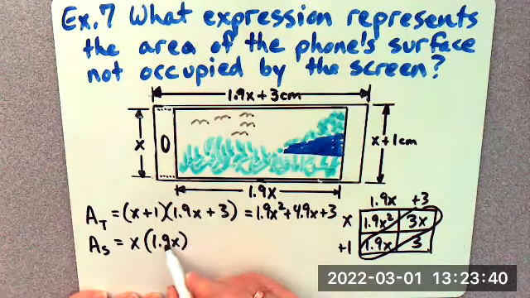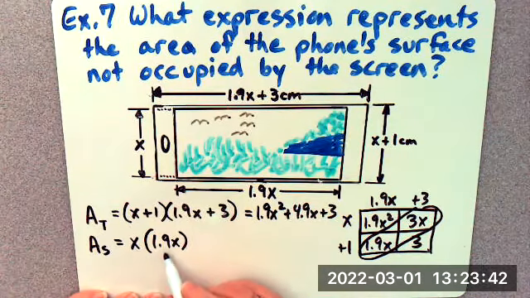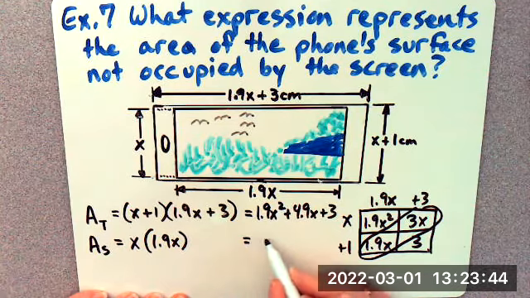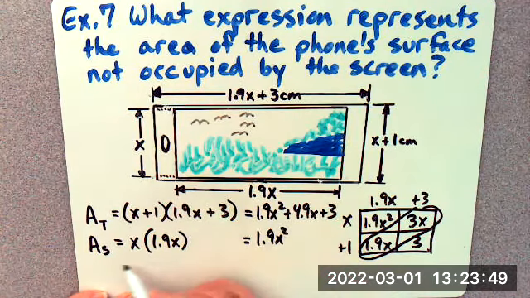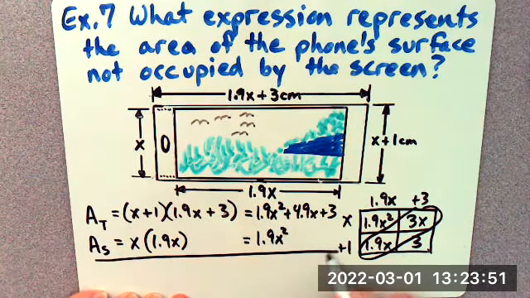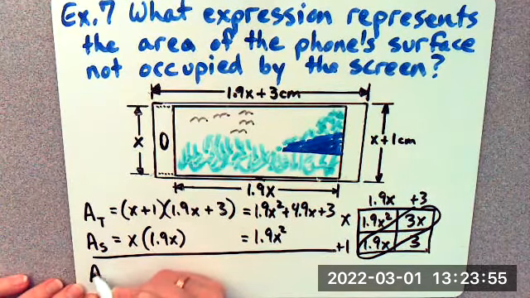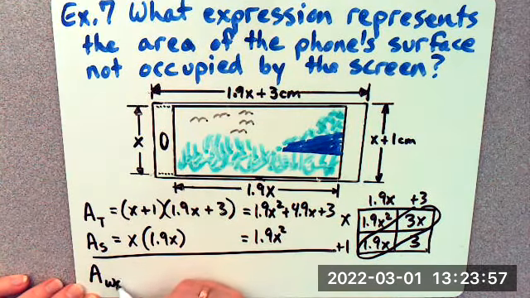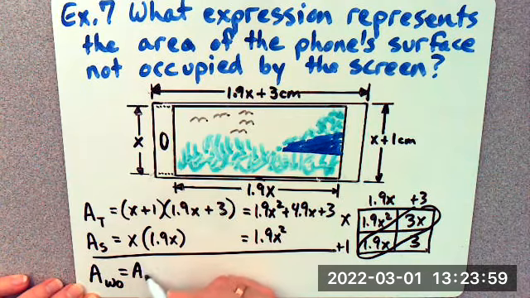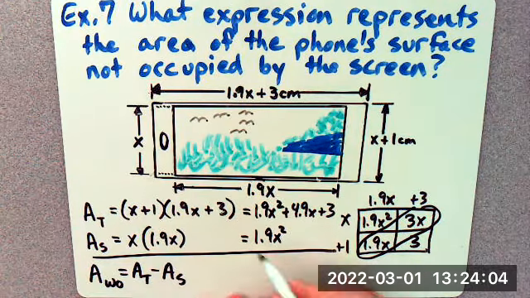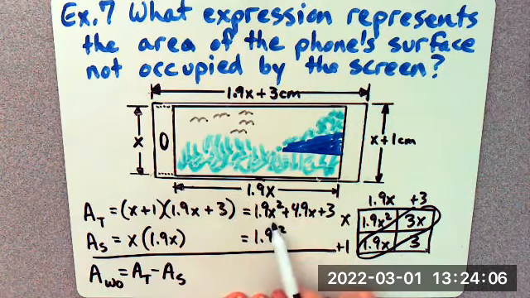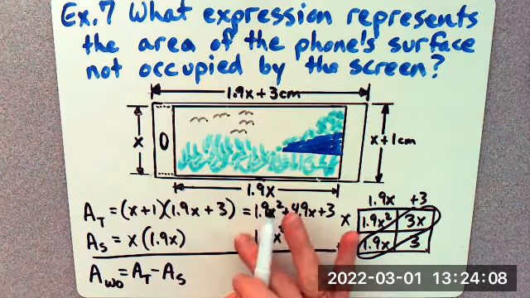Now this one is x times 1.9x, which is 1.9x squared. Now, if we want just the area without the screen, that's going to be the total minus the area of the screen. So we're going to subtract these two.